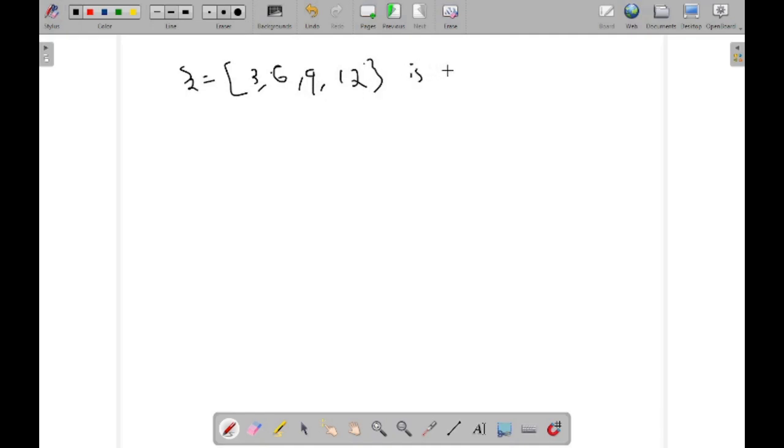Is it a group with respect to multiplication modulo 15?